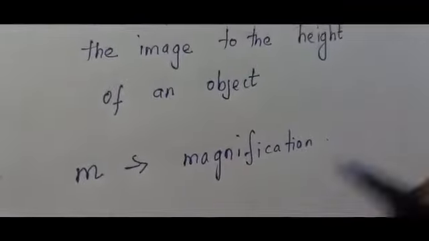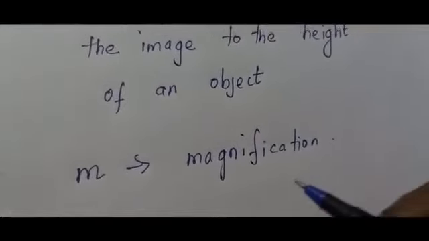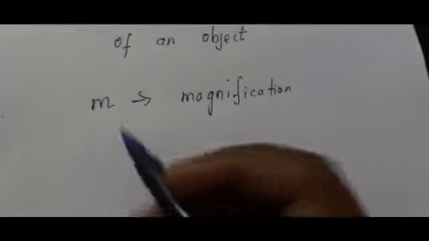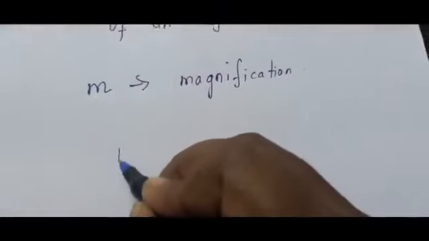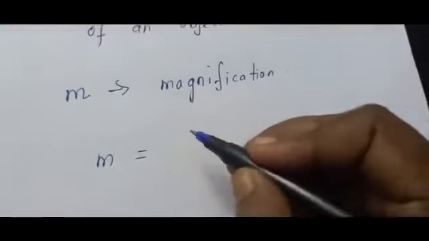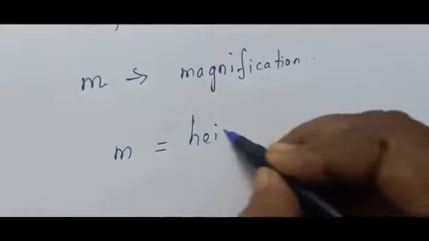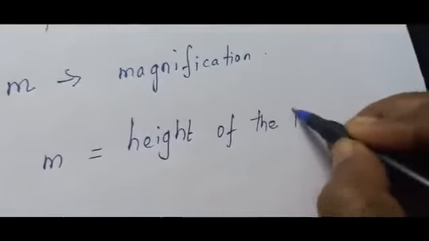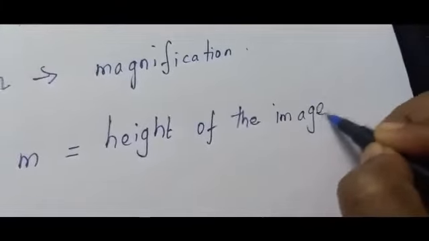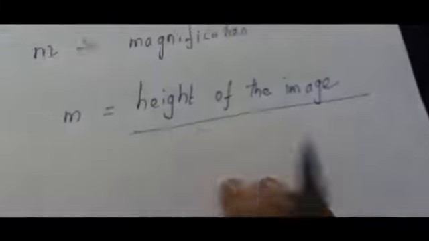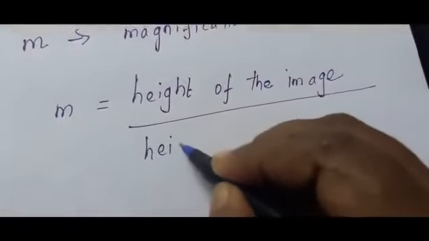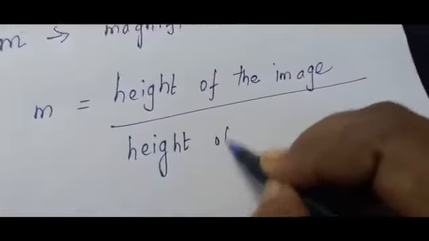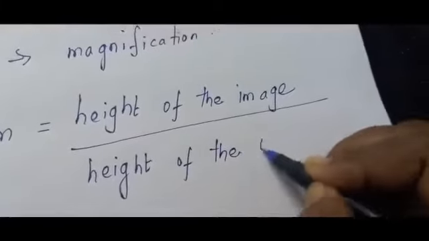And then if height of the object is h and the height of the image is h dash, so we can write the equation as M equal to height of the image divided by height of the object.